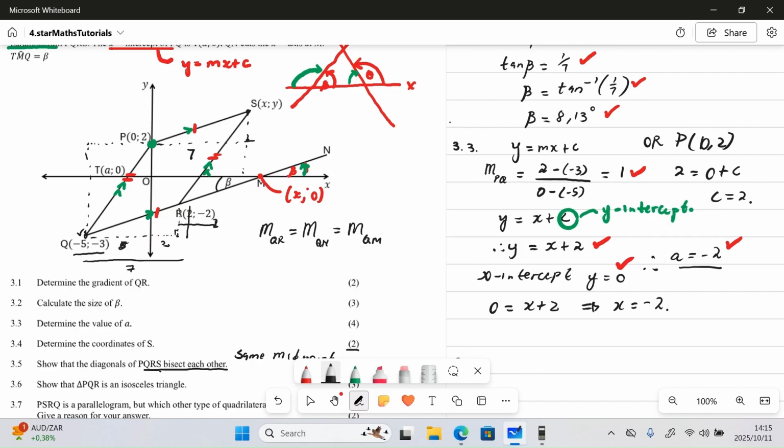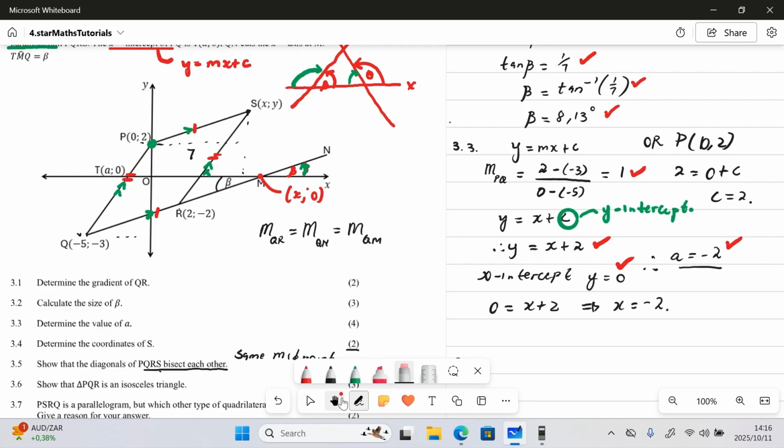Not 2 units, it is 1. So that is 2 marks for the coordinate of S.